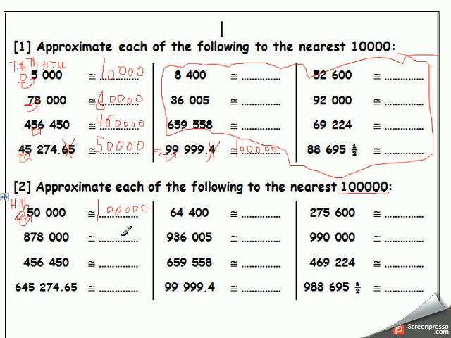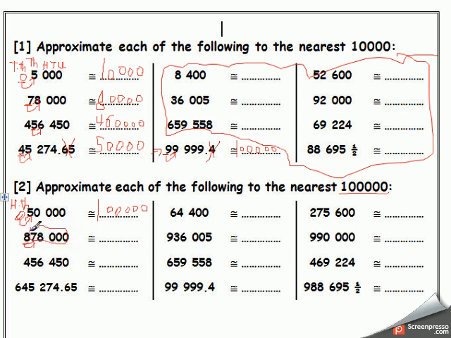The next example. I should mention the 100,000 digit: units, tens, hundreds, thousands, 10,000, 100,000. The 100,000 digit here is 8. The previous is 7. 7 is strong, so I replace all previous digits by 0.